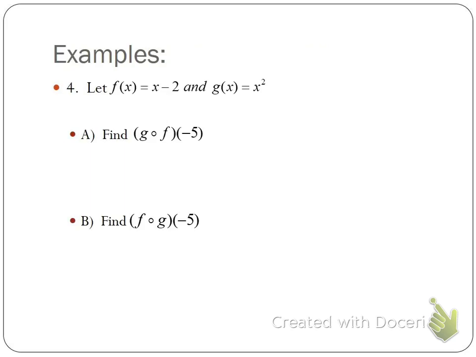Okay, on these examples, we've got f of x is equal to x minus 2, and g of x is equal to x squared. So we are first asked to find g composed of f of negative 5.